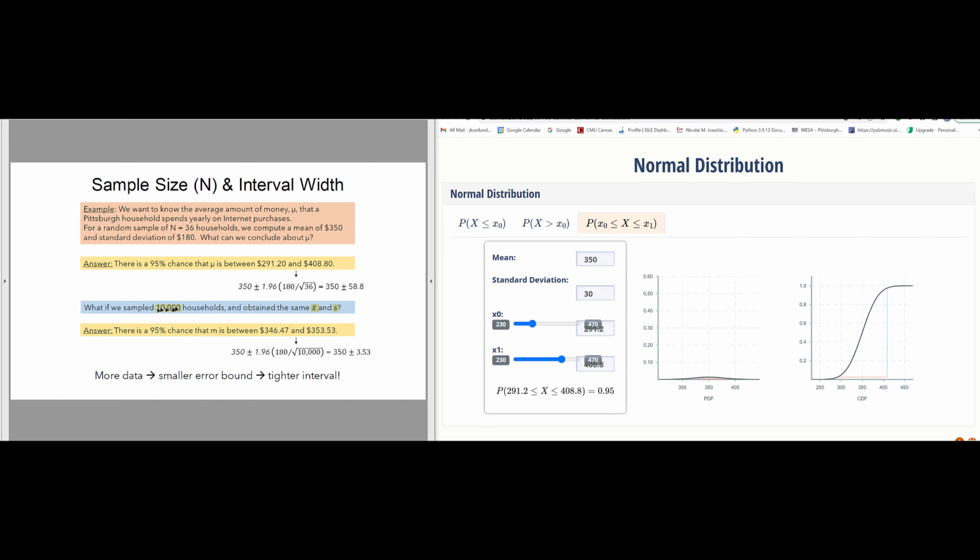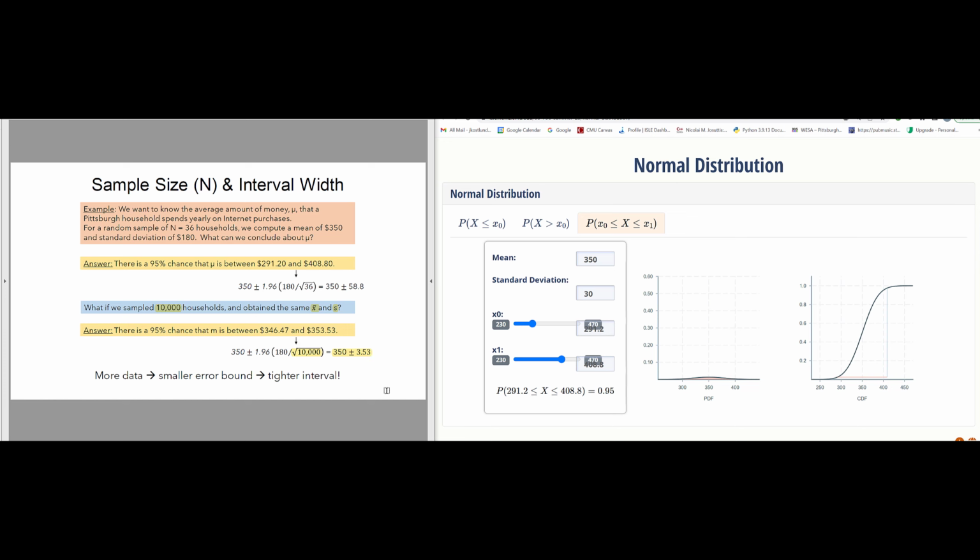Then, because the sample size is so dramatically large, when we compute our standard error of the mean, it's going to be a lot narrower. It's going to be 180 divided by 100 instead of 180 divided by 6, and we get a much narrower 95% confidence interval around our mean.